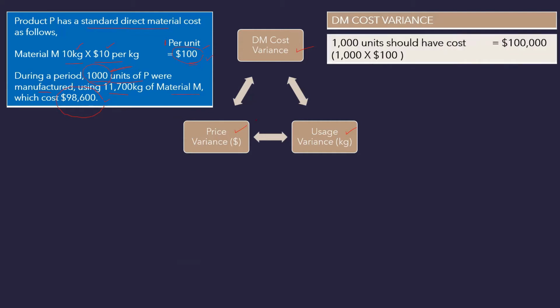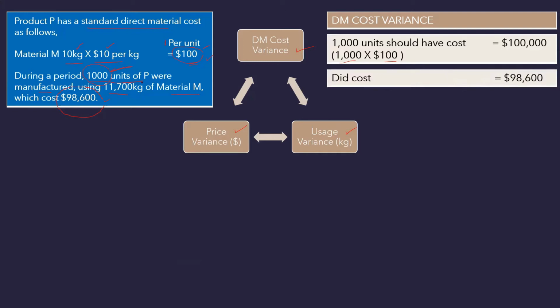So 1000 units should have cost 100,000, basically 1000 units times $100. That should have cost 100,000. How much did it cost? It cost 98,600.